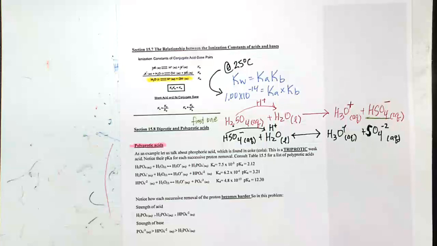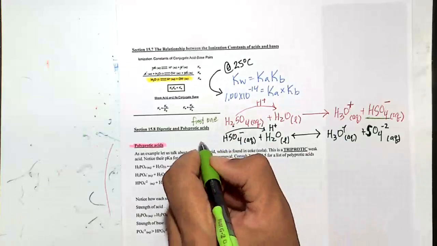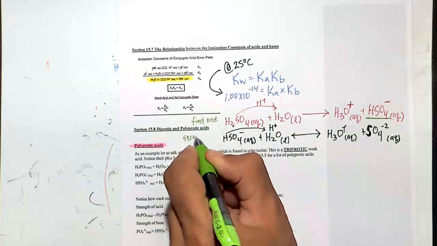So this is the common theme that we see in polyprotic acids. The first proton that comes off is very strong. That is to say, it comes off easy. What about the second? Okay, the second one is kind of weak.